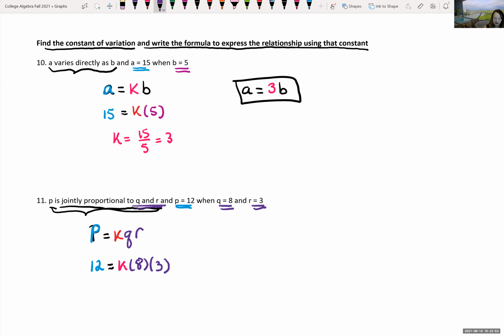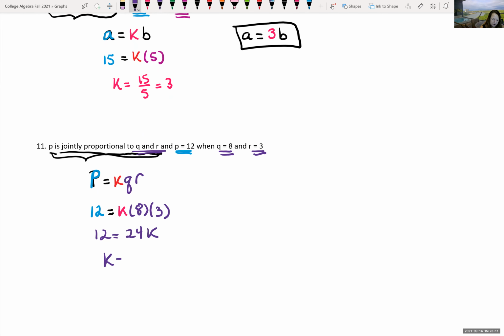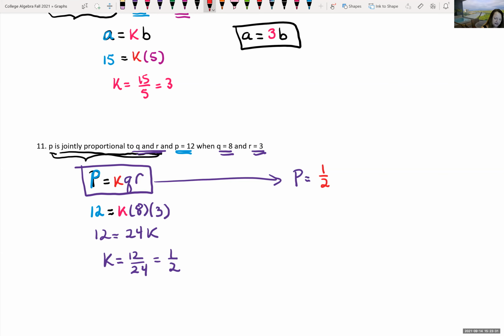Now we can solve for K. 12 is equal to 8 times 3, that's 24, times K. Get K by itself by dividing both sides by 24, and K is equal to 12 divided by 24, which reduces to 1/2. Now we go back and substitute in what K was. So P is equal to 1/2 times Q times R.